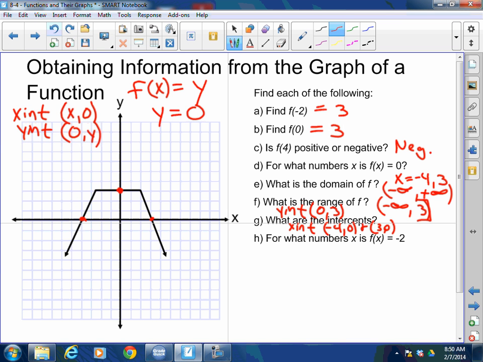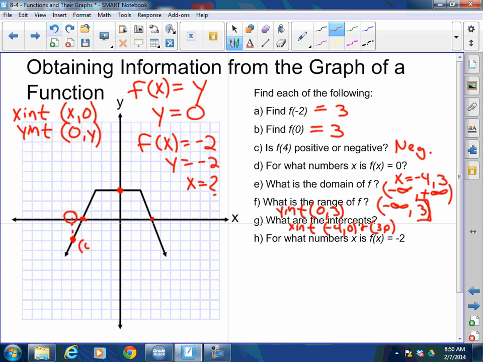And then for what numbers of x is f of x negative 2? So I'm telling you that f of x equals negative 2. In other words, y equals negative 2. What's the x value that's attached to a y value of negative 2? 4. Very good. When x is 4, that point right there, no, that's negative 4.